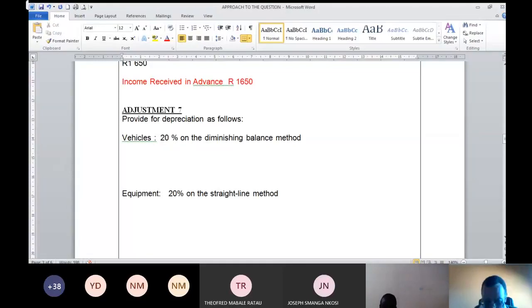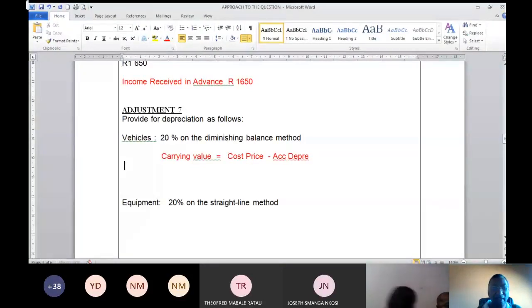So, if the adjustment asks you to do it on the diminishing balance method, you must first calculate what is the carrying value of the asset. Now, when we speak about carrying value, it is the cost price of the asset minus accumulated depreciation. That is the carrying value.